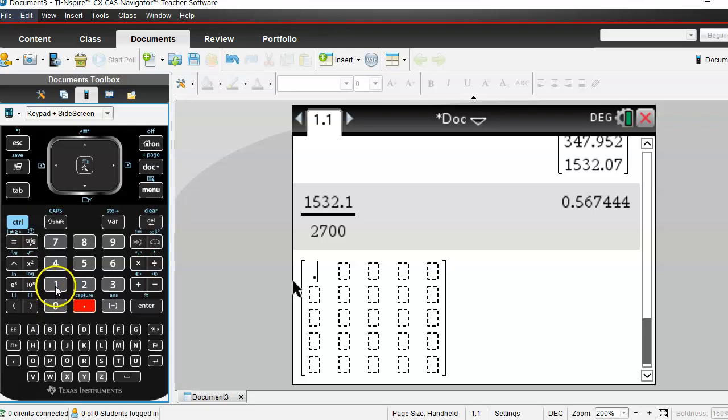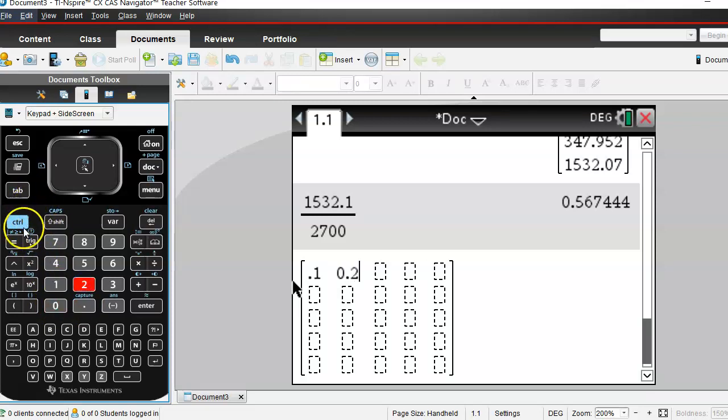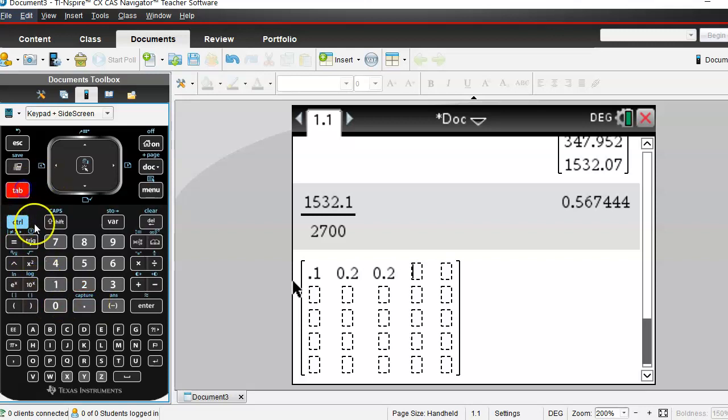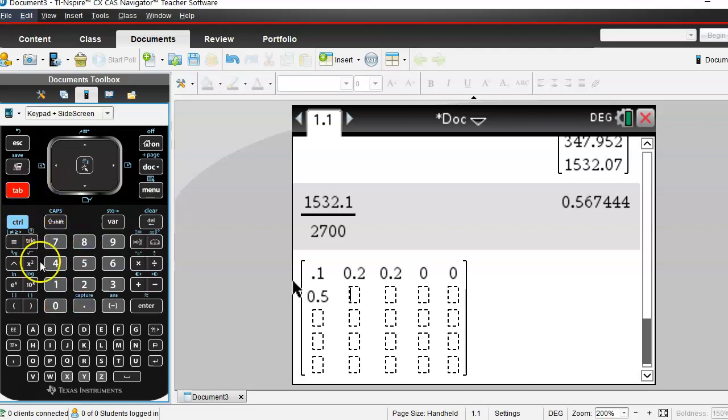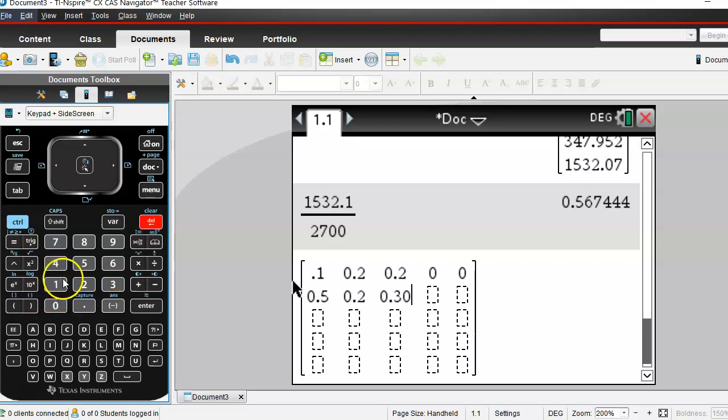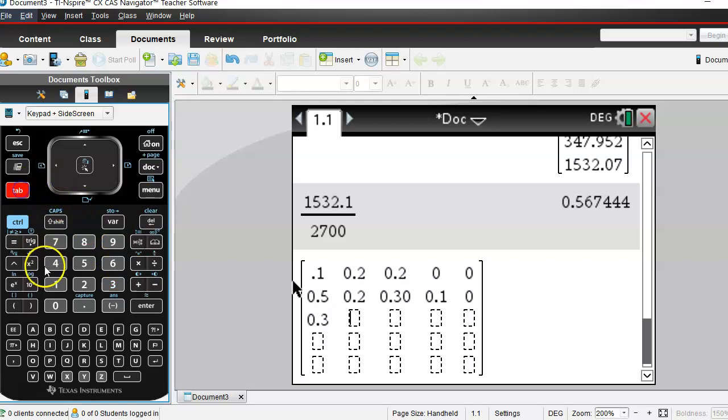So 0.1, 0.2, 0.2, 0, 0, 0, 0.2. So this is why I'm always saying you've got to get really quick and efficient with using your CAS calculator.